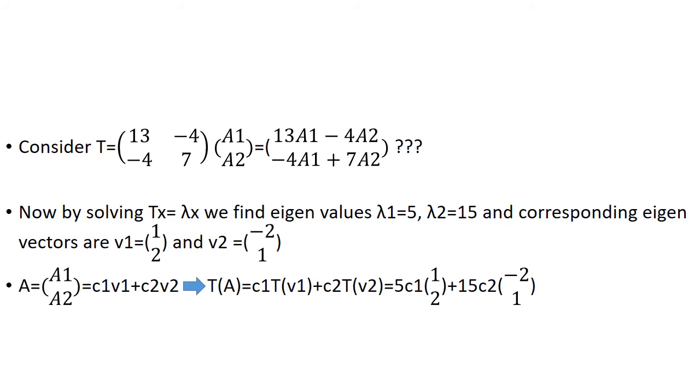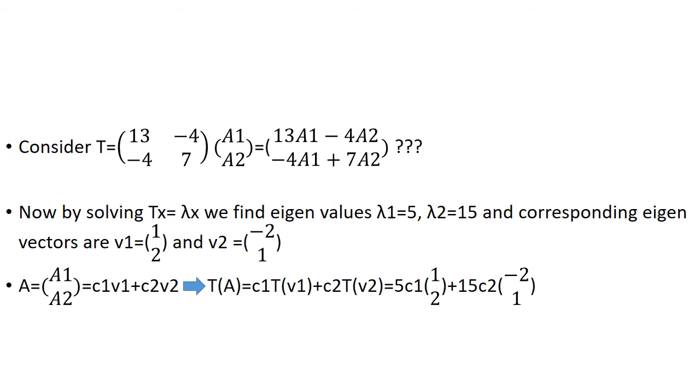So a is equal to c1 v1 plus c2 v2, where c1 and c2 are unknown coefficients. Now when you act the matrix T on a, you are really acting the matrix T on the linear combination c1 v1 plus c2 v2.